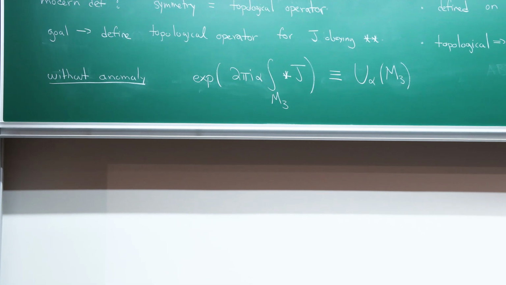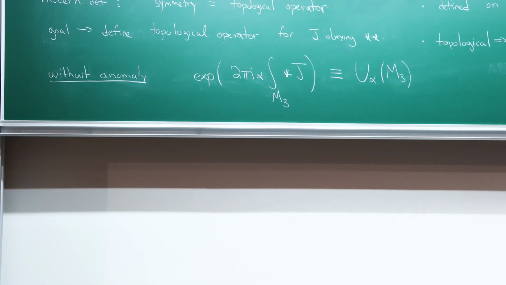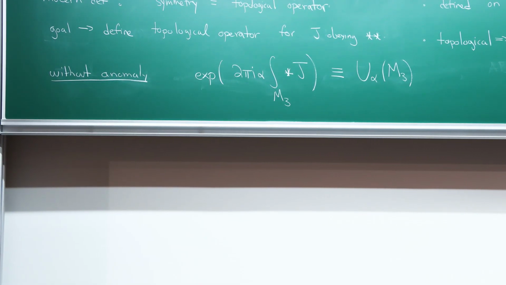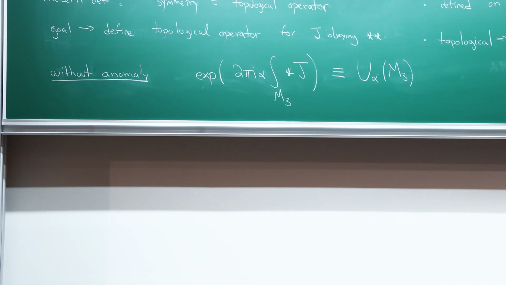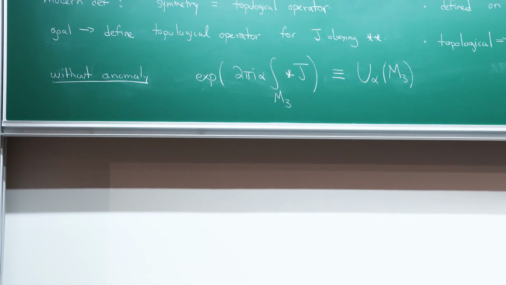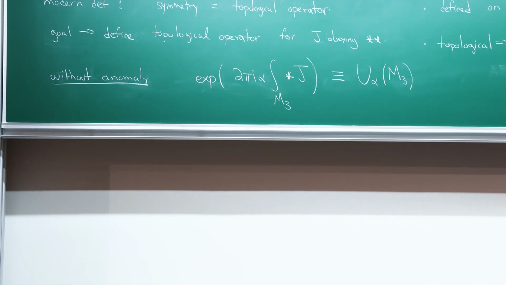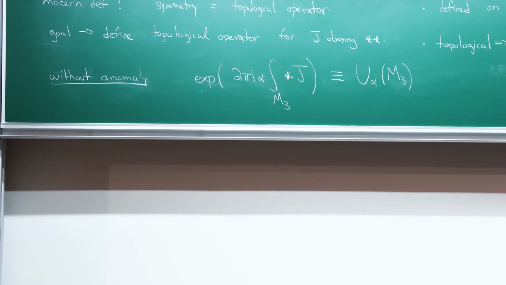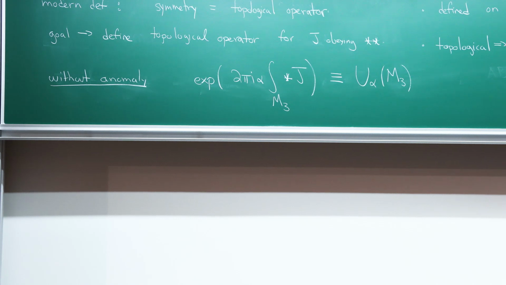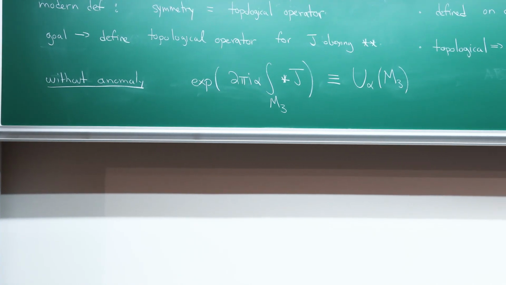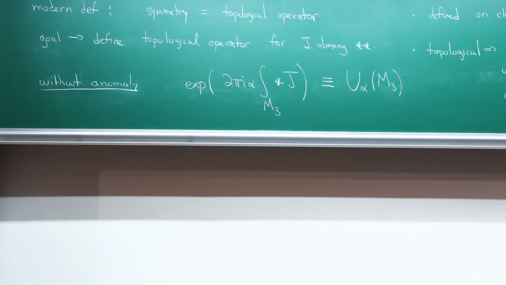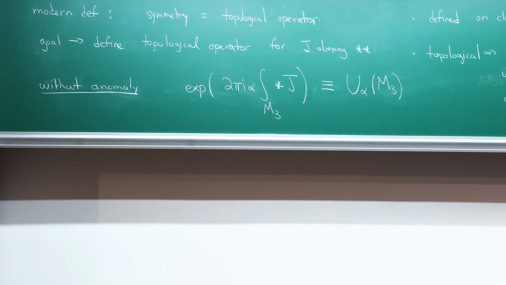Well, in the case that I'm going to do, it'll be important for me to know what d star j is, because the fact that the current is conserved is what gives you that this operator is topological. So the fact that I know what d star j is tells me by how much it's not topological. So in this case, it's sort of important.